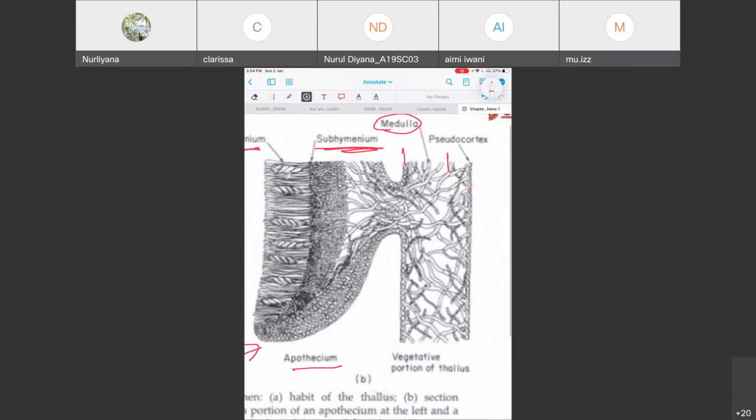However, where do you think the algae will be located in fruticose lichen? Because we cannot see the algae there.